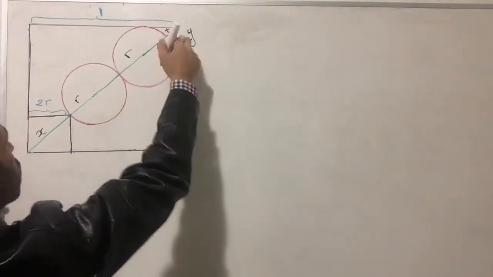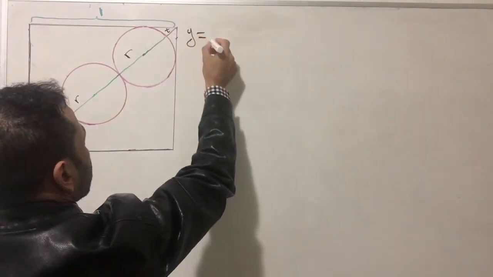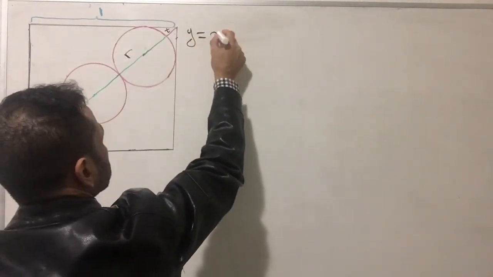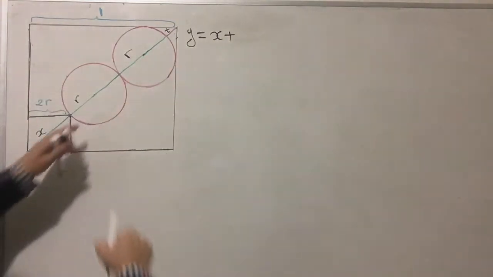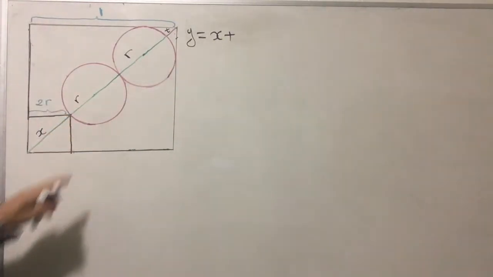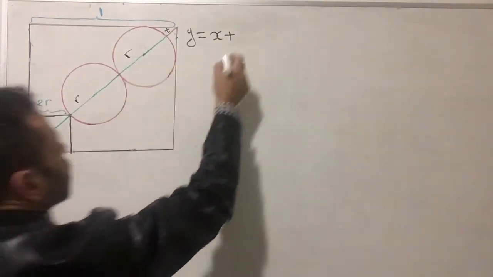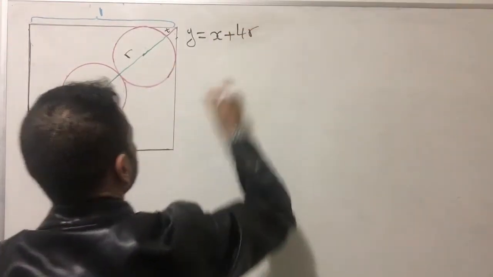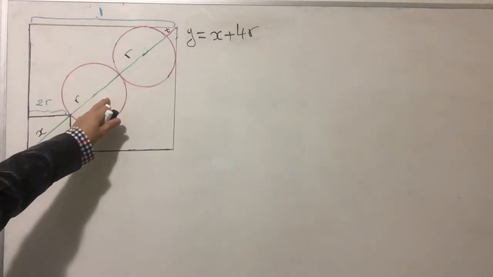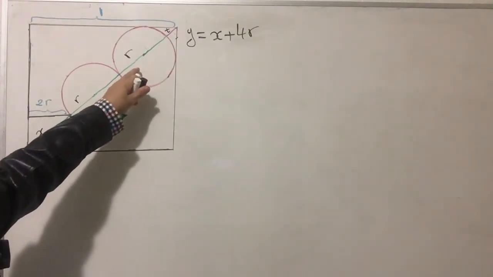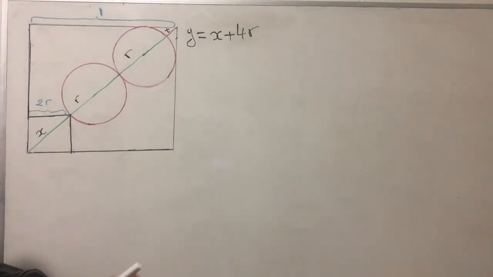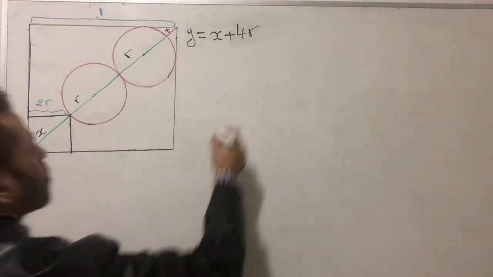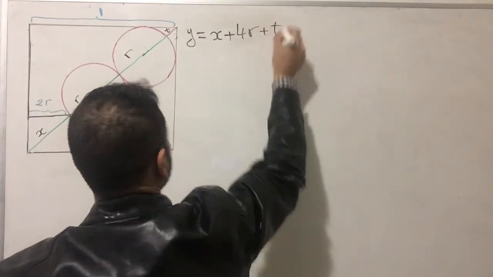Let's call this diagonal of this big square y, equal to x plus 2r plus 2r. So we have 4r. The diameter of the first circle is 2r, and the diameter of the second circle is 2r as well. So y equals x plus 4r plus this small distance t.